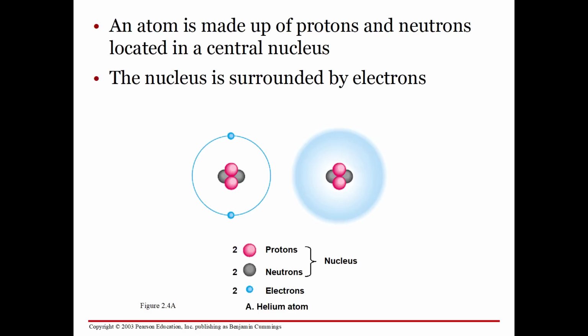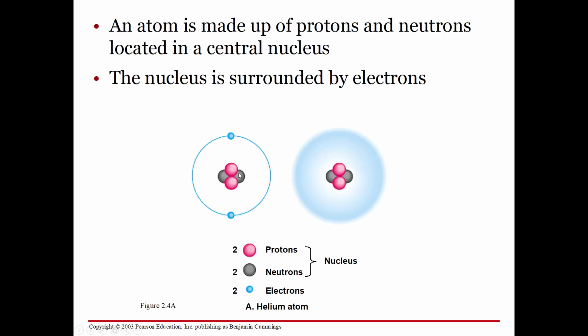So here you can see the electron cloud on the right, which looks like a hazy cloud representing where the electrons are found. And then on the left we have the electron shell, which is a two-dimensional representation. So we can see the actual electrons here and here in that shell.